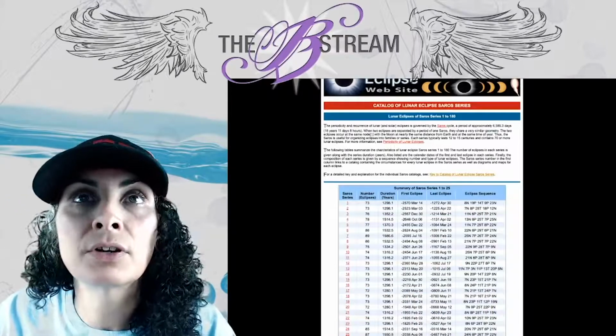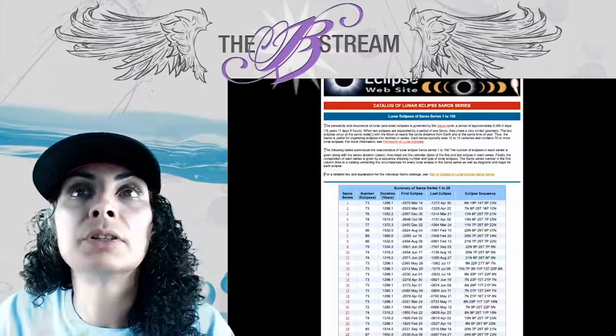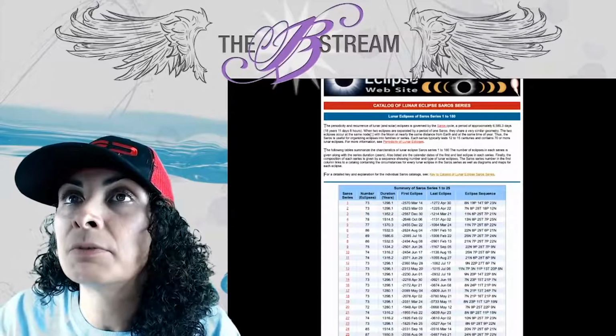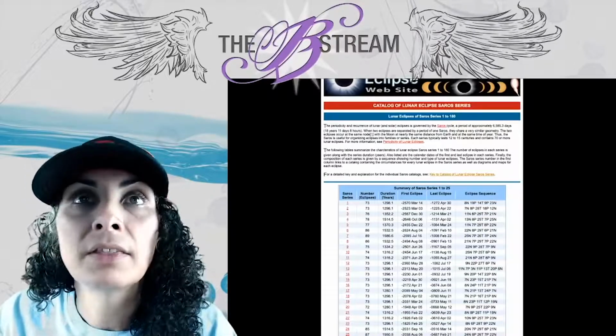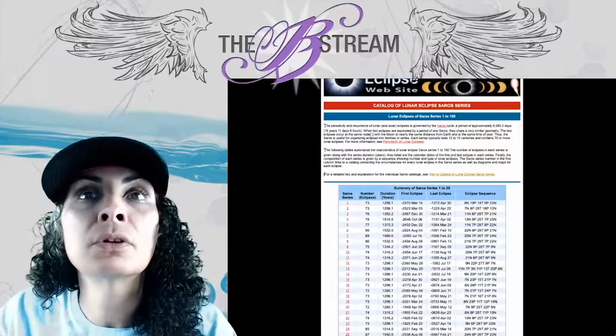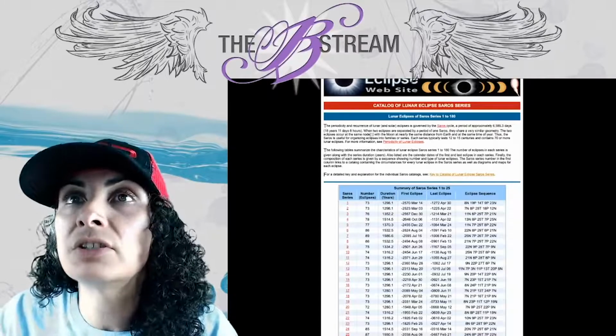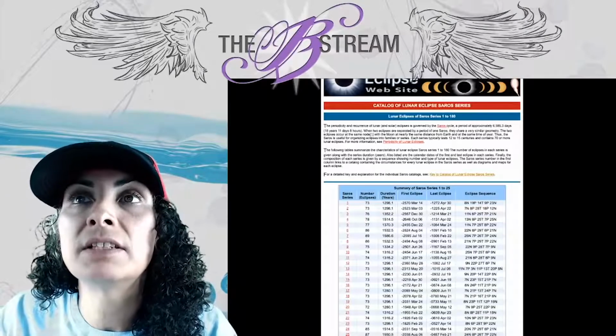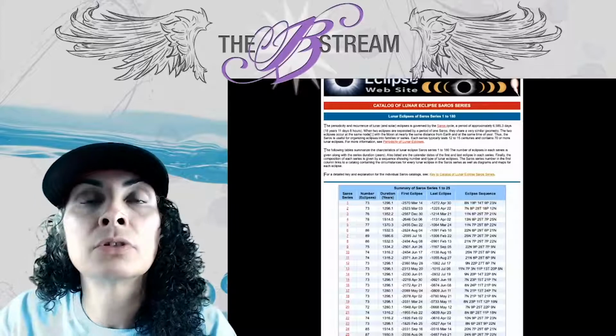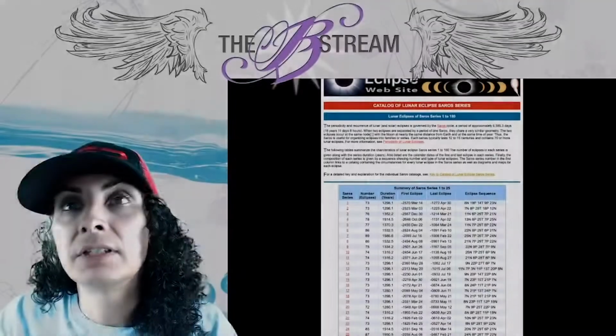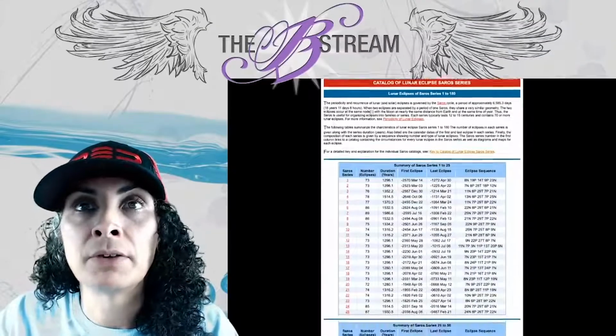The two eclipses occur at the same node, with the moon at nearly the same distance from Earth and at the same time of year. Thus, the Saros is useful for organizing eclipses into families or series, which each series typically lasts 12 to 15 centuries, contains 70 or more lunar eclipses. So you can click here and see more information about all that.